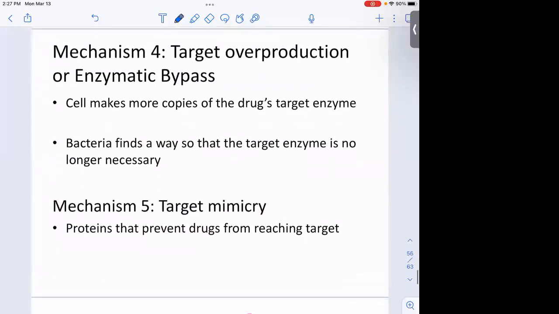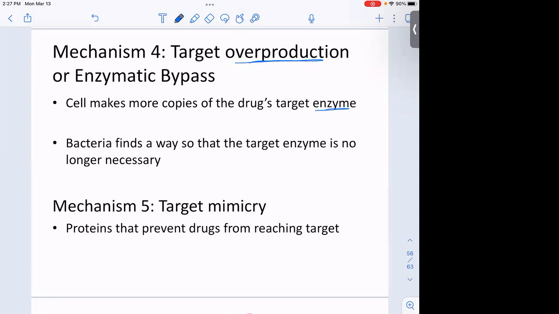Okay. And a couple of other mechanisms. I know mechanism 5 was just recently discovered, but mechanism 4 is target overproduction or enzymatic bypass. So the bacteria can start to make much more of whatever that antibiotic is targeting. Say it's a target enzyme, say it's RNA polymerase.